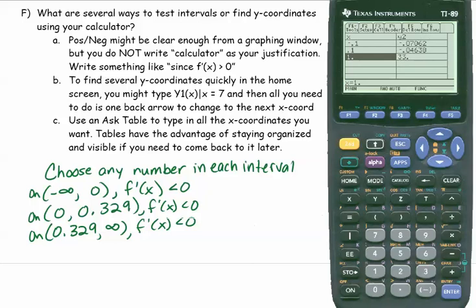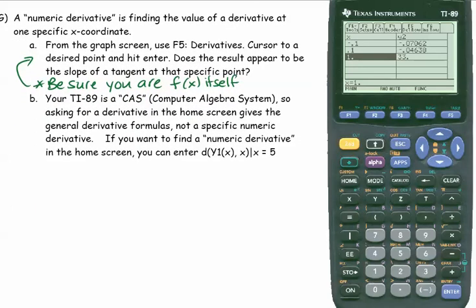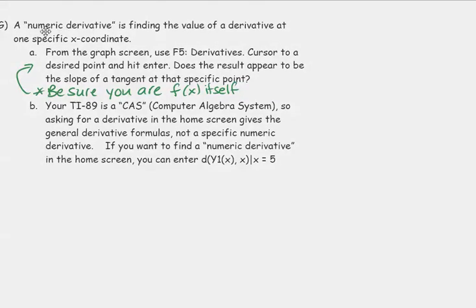All right, let's see if we can get things finished up here. We've got just a little bit more to talk about here, and that's the concept of a numeric derivative. When you use the power rule, you find the algebraic derivative. You find the formula for the derivative everywhere. A numeric derivative is when we just want to find the derivative at one specific number.